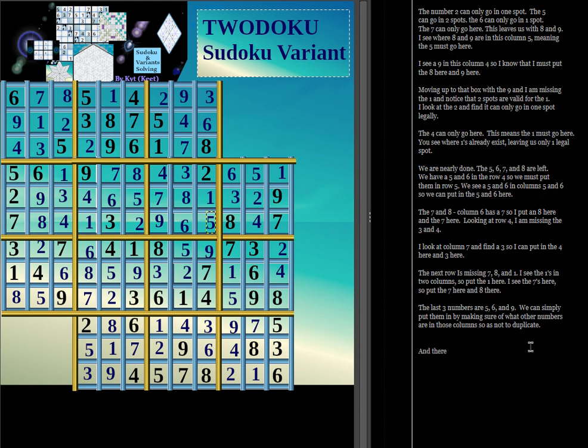And there we have it, folks. We solved our first medium Sudoku puzzle variant. Congratulations! You did it!